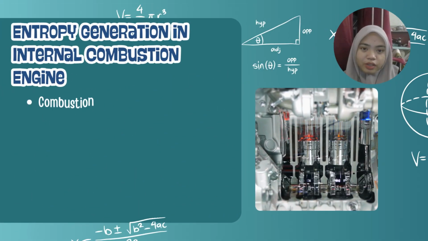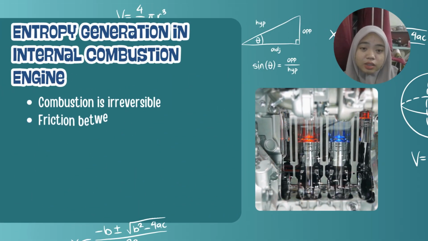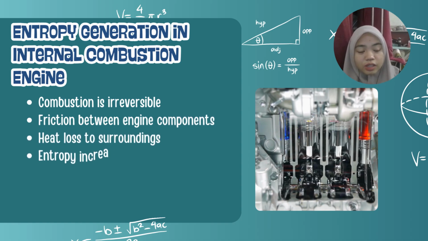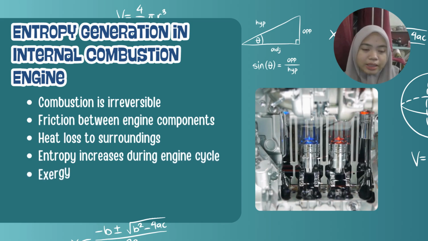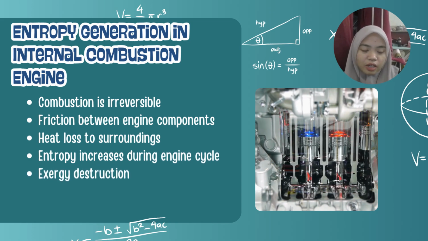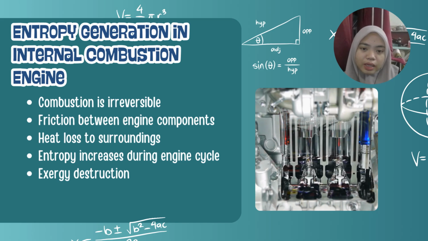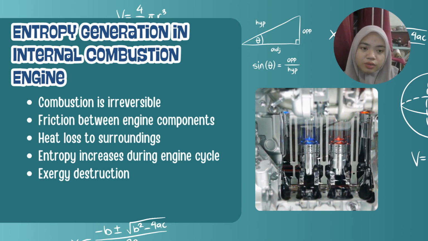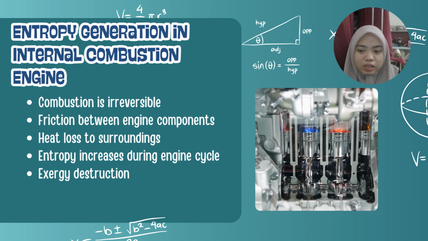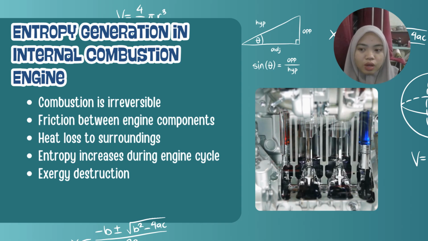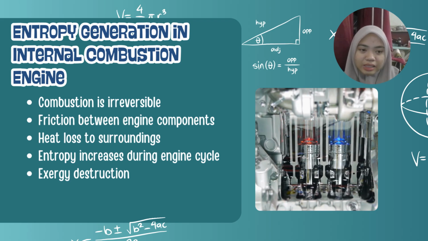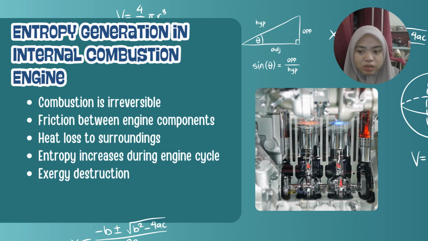Moving on to entropy generation in the internal combustion engine. Entropy is generated due to irreversible processes such as fuel combustion, friction between moving parts, and heat losses to the surroundings. This irreversibility causes some energy to become less useful for producing work, which explains why real engines experience efficiency losses.